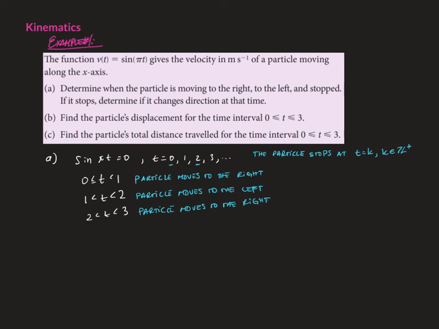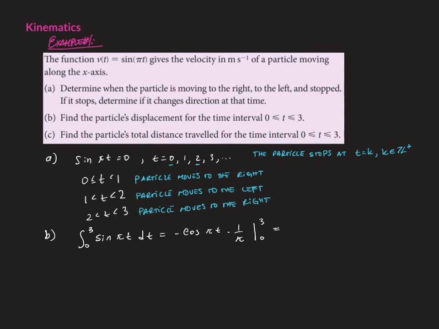Now B, find the particle's displacement for the time interval from 0 to 3. B is going to be done through the integral from 0 to 3 of the function sine of pi t with respect to time. If we do this integral, we're going to get minus cosine of pi t divided by pi, evaluated between 0 and 3.